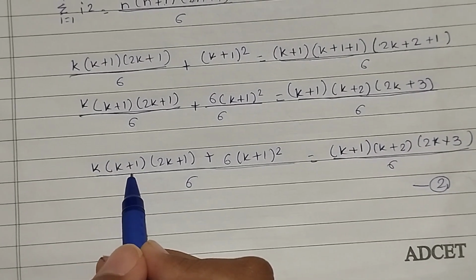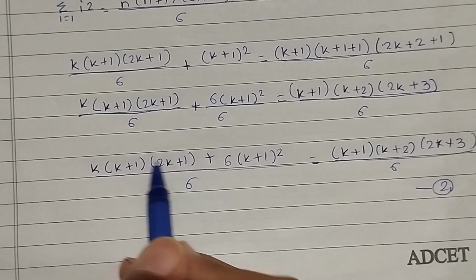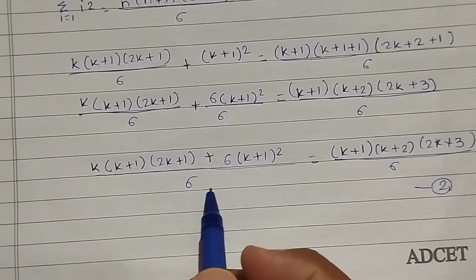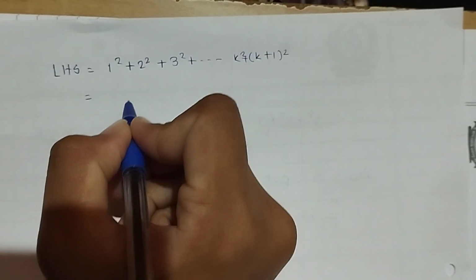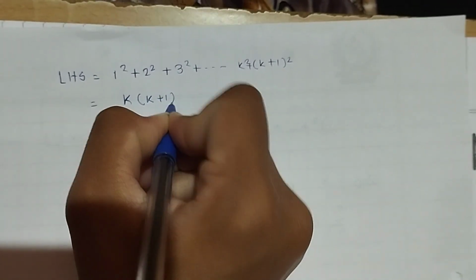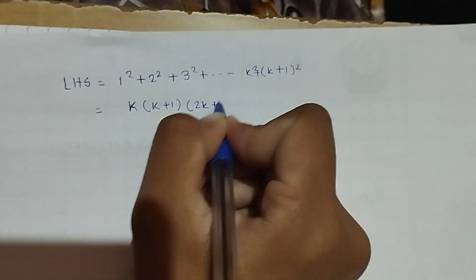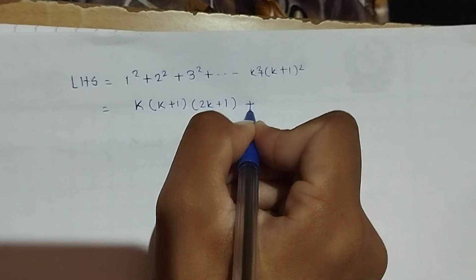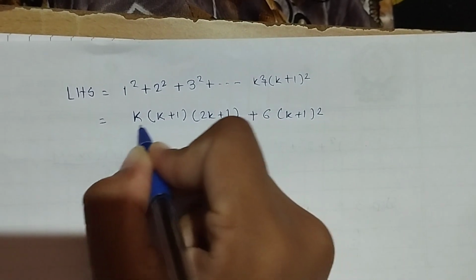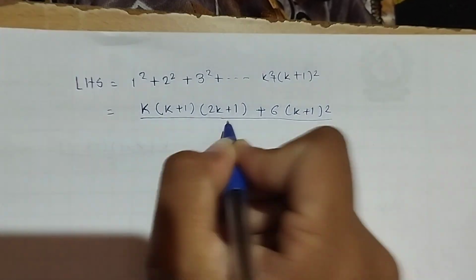Here we see this is our LHS, k into (k plus 1) into (2k plus 1) plus 6 (k plus 1) squared. So this is (k plus 1) into (2k plus 1) plus 6 (k plus 1) squared divided by 6.